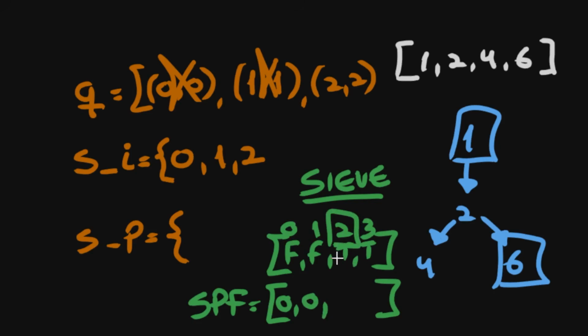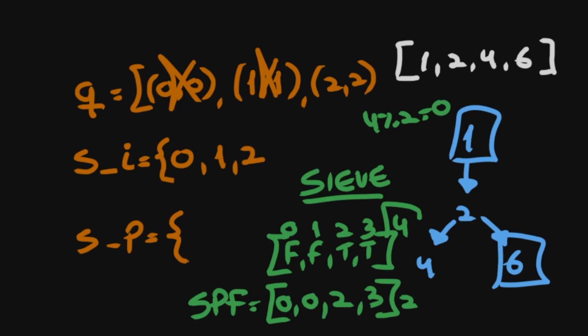For number 2, the smallest prime factor is 2. For number 3, it's 3. For number 4, it's 2, which means that if we do 4 modulo 2, the result is 0. This is the smallest prime factor of this number. The smallest prime factor of number 6, for example, is 2 also. And now with this, we can get all the prime factors of these numbers.